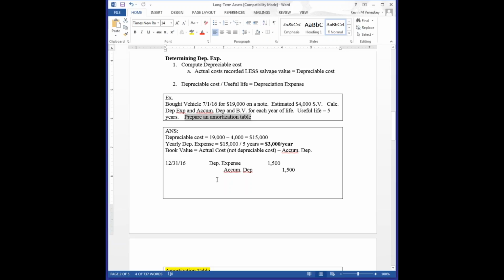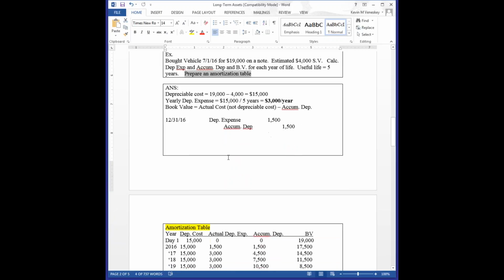An amortization table is simply going to show me how much I am depreciating each year, and what the value of my asset is when I net my cost minus the total accumulated depreciation. And so we're going to do the journal entry in the table here as we go through.